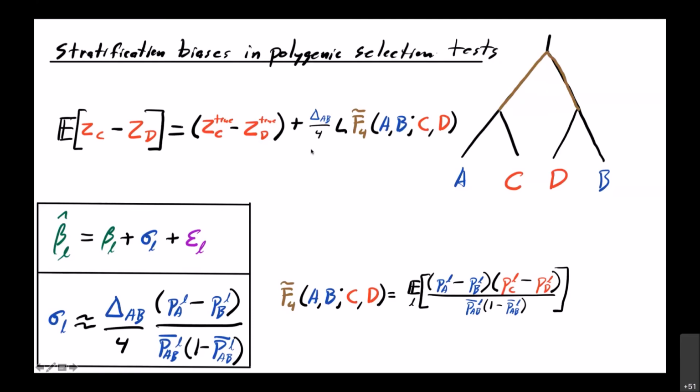And so our measure of the magnitude of the bias winds up being closely related to these standard statistics of population structure. I'll just call this a modified F4 statistic and put a little tilde over it to acknowledge that.